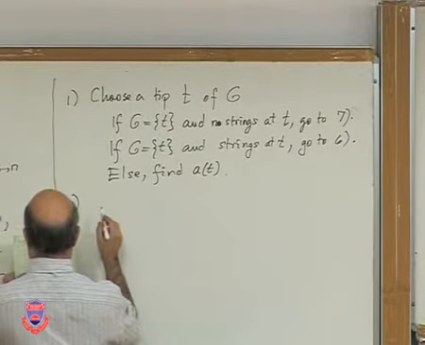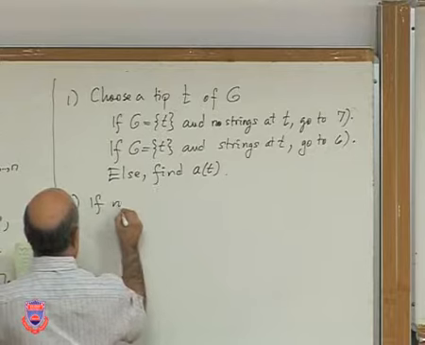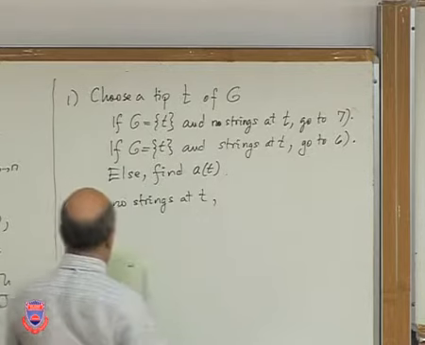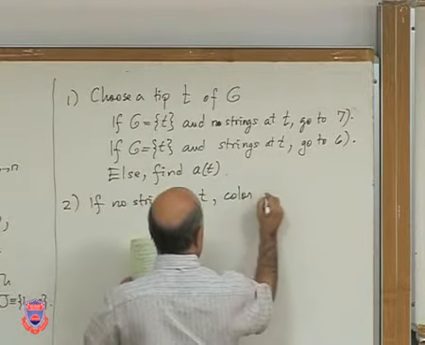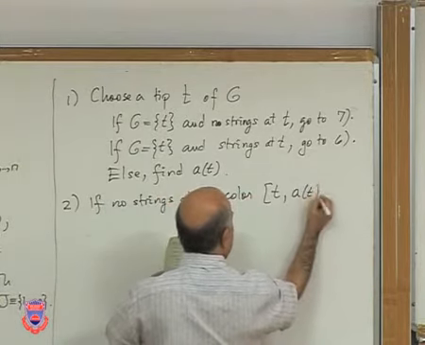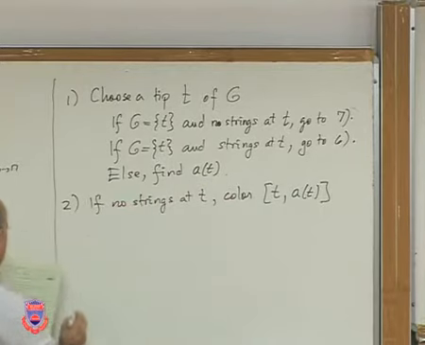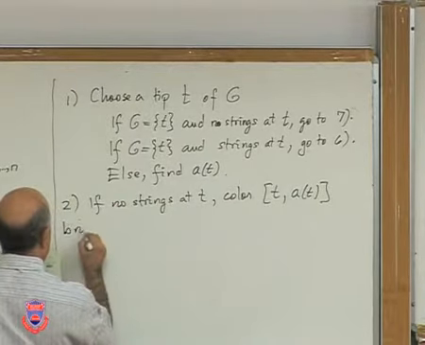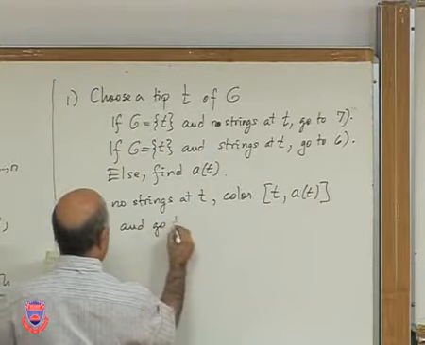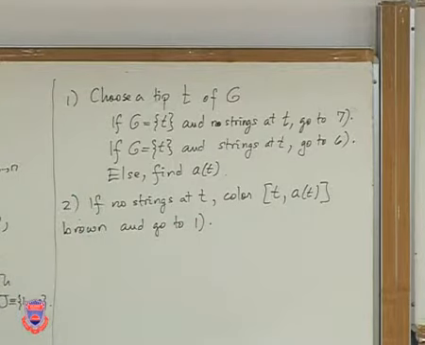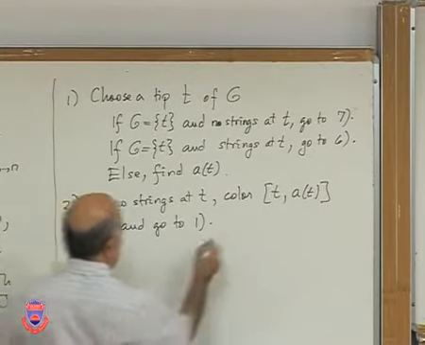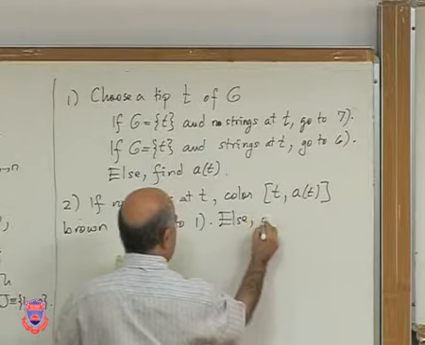Step 2. If no strings are attached at T, we color the portion of the edge between T and its adjacent vertex AT brown. And we go back to step number 1 because the green tree is updated now. Okay? Otherwise, we go to step 3.